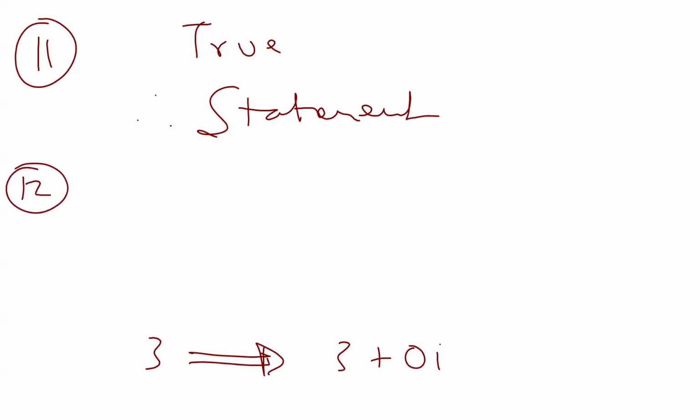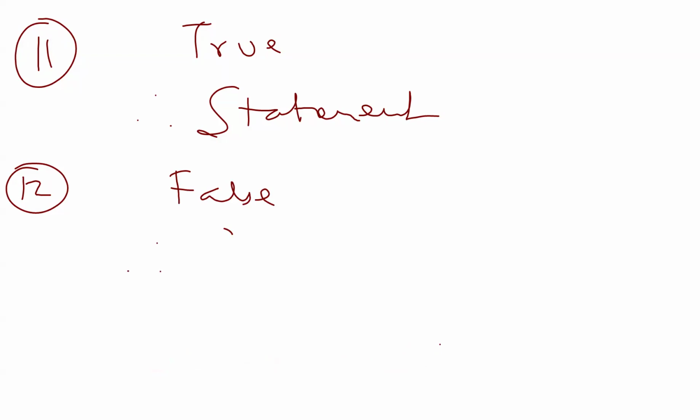12th one: one is a prime number. False. One is neither prime nor composite. Therefore, it's a statement. Even if it is false, it's a statement. 13: with the sunset, the day ends. True.